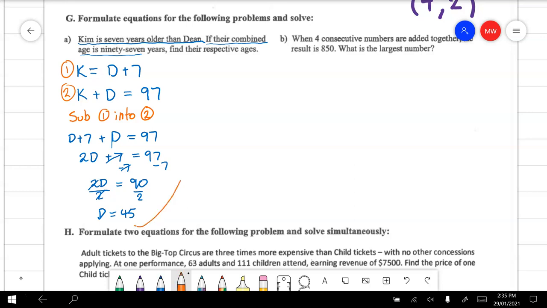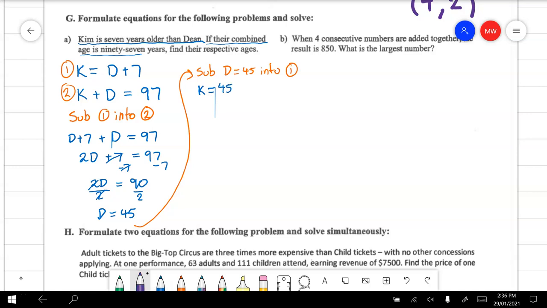I'm just going to scoot up here again, give myself a bit more room. We're going to sub Dean's age, so D equals 45, into equation, let's go into equation 1 this time because we went into 2 on the first sub, okay? And so that means that Kim's age will be Dean's age of 45.